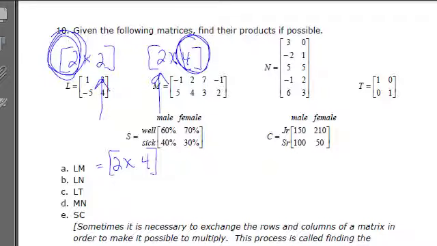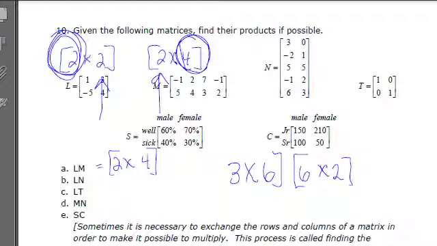So for instance, if we had a 3 by 6 and a 6 by 2, are your inner numbers the same? Some people say inside.